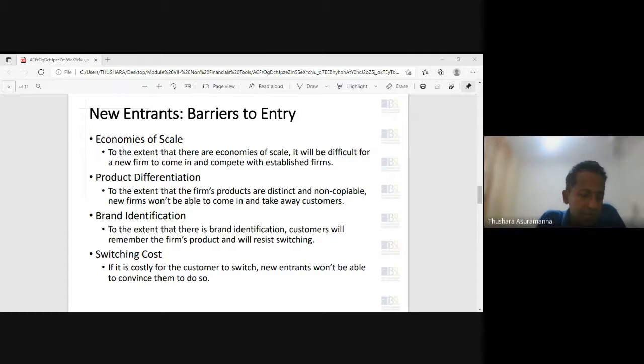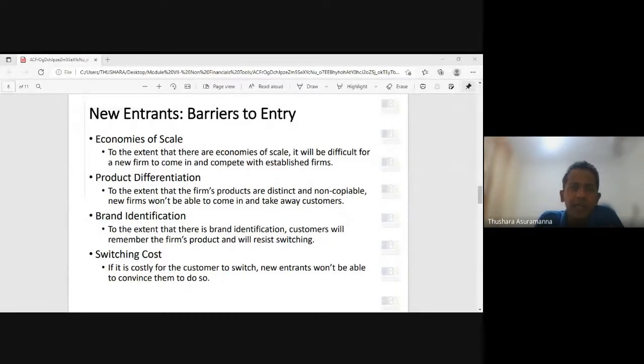Now, when we talk about new entrants and barriers to entry, what do we mean? Let's say you are running a business, and there may be a few similar people who run the same or a related business. While you are doing this business, there may be a chance a new person could come and try to do the same thing.